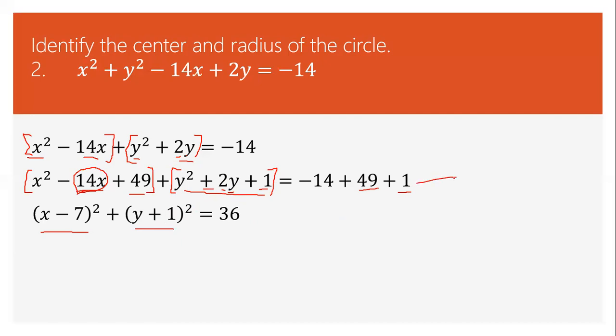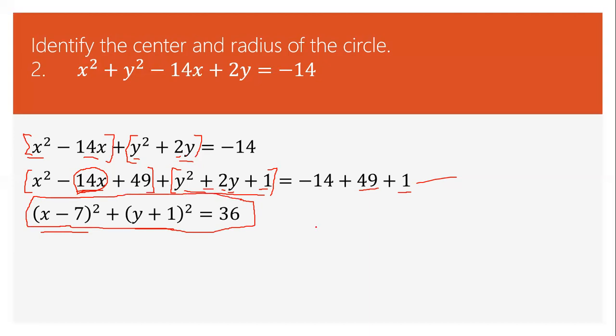And then add itong mga constants. So negative 14 plus 49 plus 1. That's 36. So this is the standard equation of the equation na to kanina.